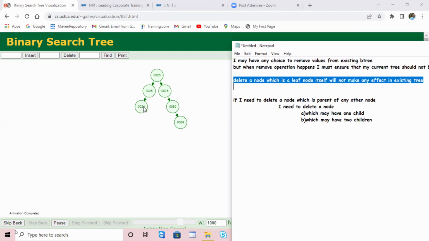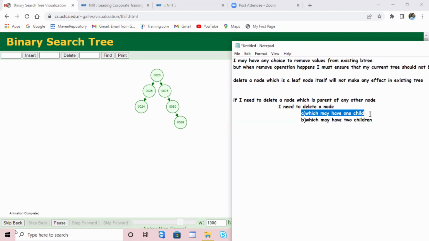And there are two options. I need to delete a node which may have a single child, either right or left, or may have two children. In this case, whatever child I have becomes the parent.